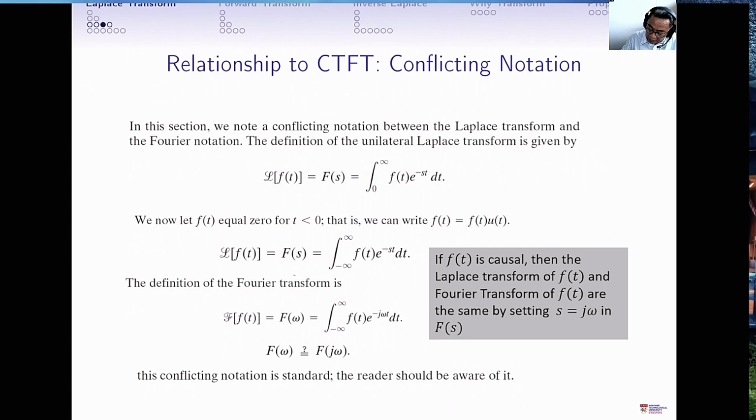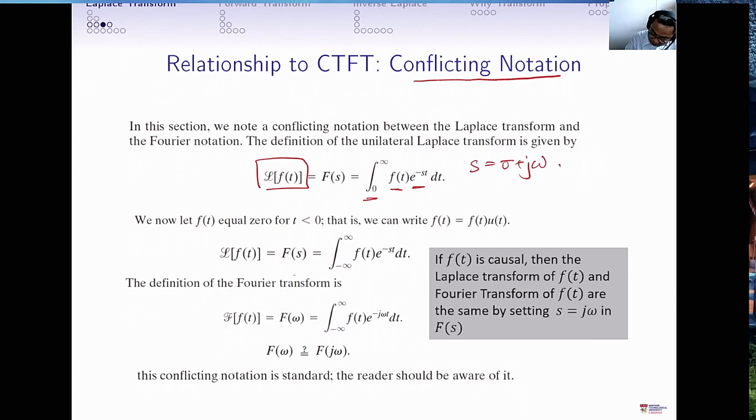Before we end this discussion about the continuous time Fourier transform, we want to remark that there's a conflicting notation. Why? Well, let's remind ourselves what the Laplace transform of f(t) is. The unilateral transform is from 0 to infinity of f(t) e to the minus st. We remind ourselves that s is sigma plus j omega.